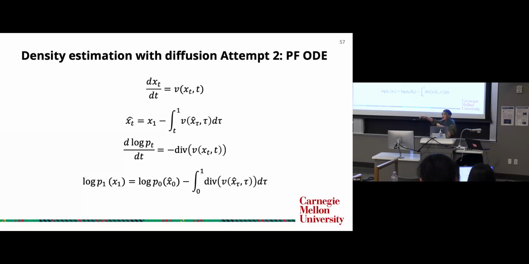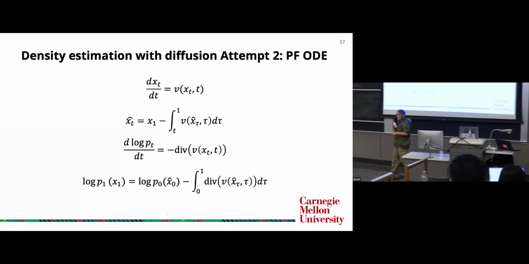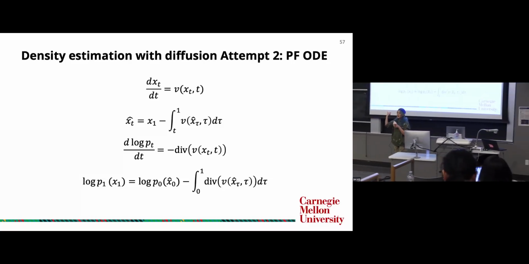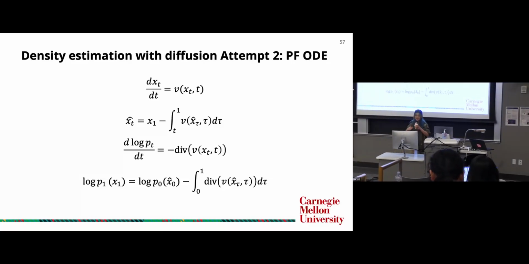If I want to calculate the likelihood of x1, I first need to find the corresponding x0 for me to start integrating. So essentially, you remember how you reverse the chain, right?